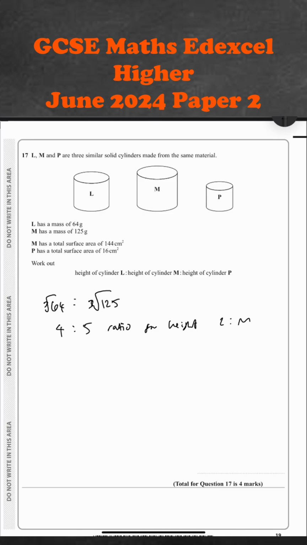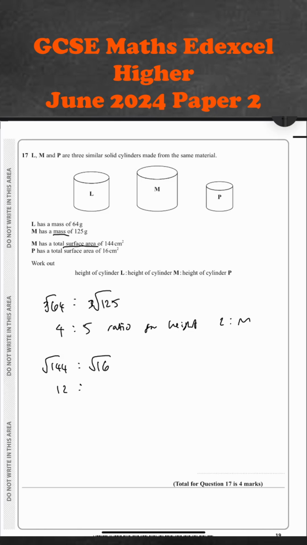And in a completely similar way, the square root of 144, because this is the surface area, so we have the mass up here, now we're looking at the surface area, compared to the square root of 16, is going to give us, again, the ratio for height.